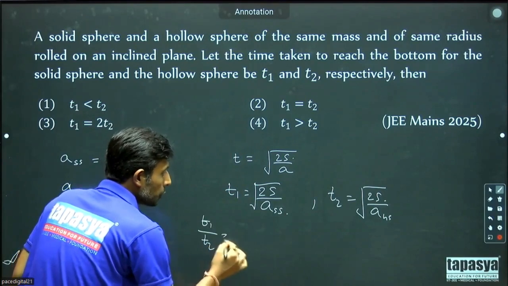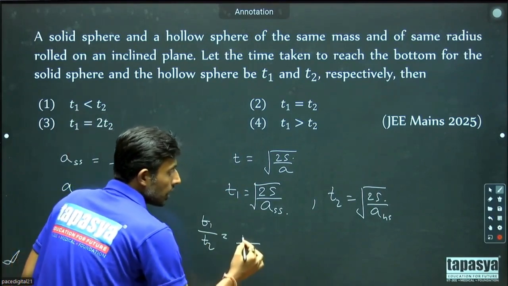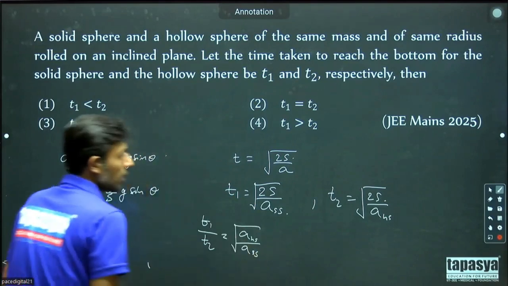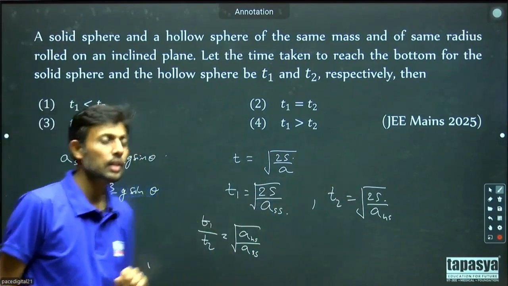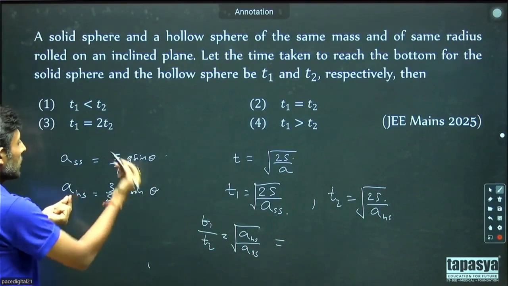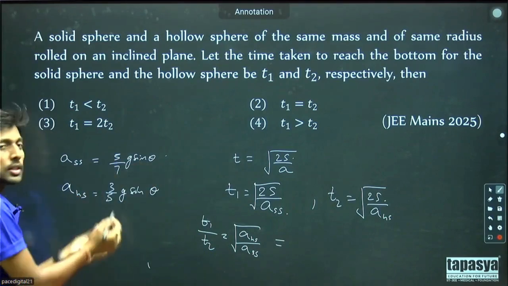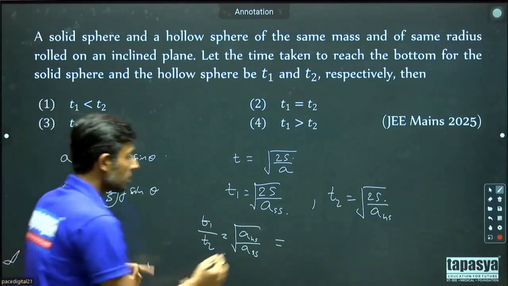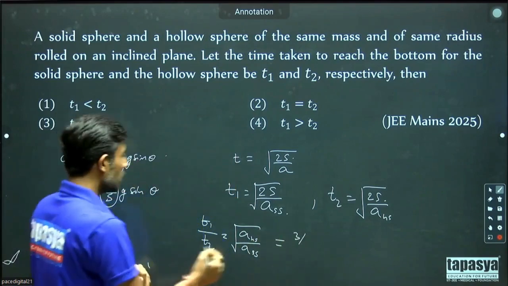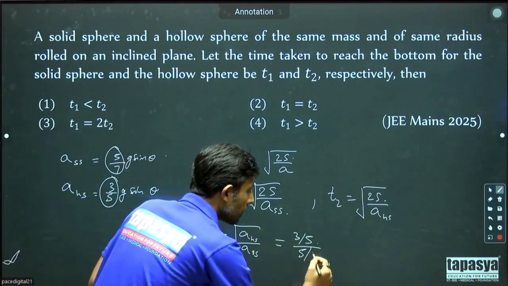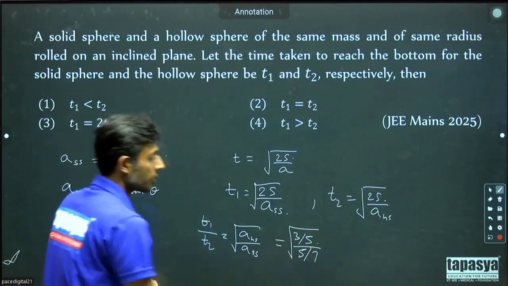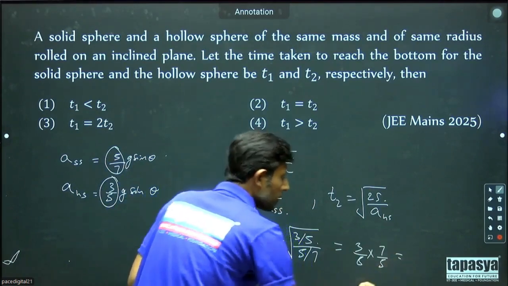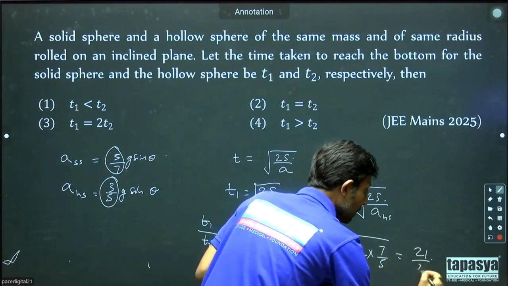T1 by T2 is basically the acceleration of the hollow sphere upon the acceleration of the solid sphere, under root. Because 2s is the same, they'll cancel out. G sine theta is the same in both these quantities, so we'll just use the numbers. This one and this one should be sufficient for us. So in the numerator comes 3 by 5, and then 5 by 7. This is 3 by 5 into 7 by 5, that is 21 by 25.